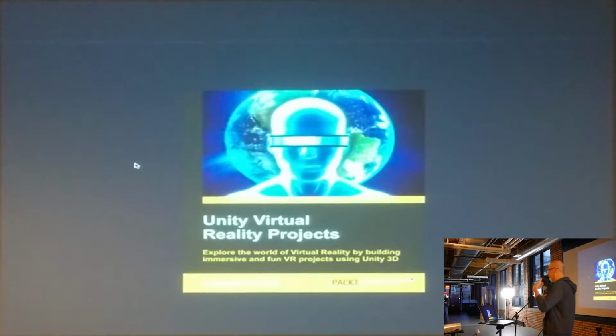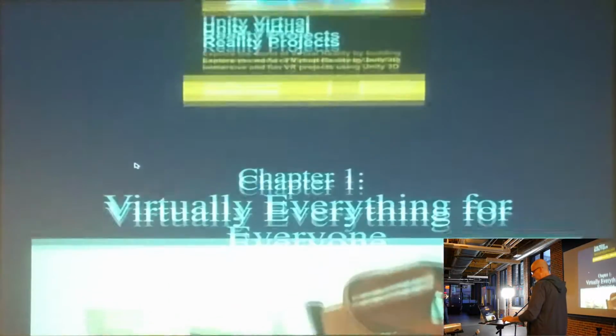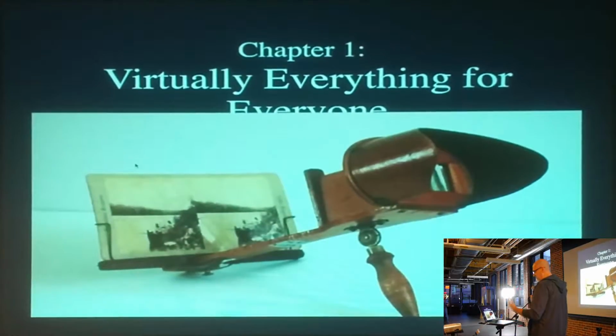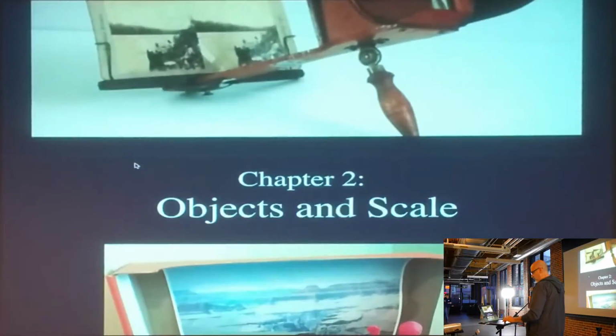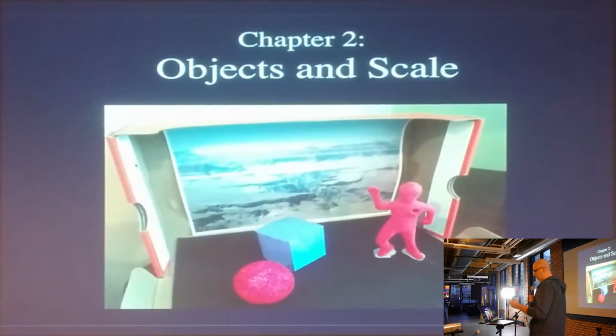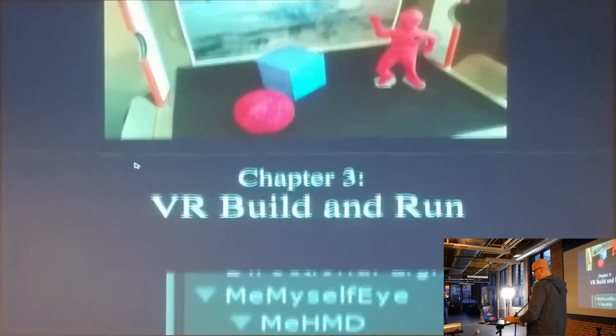One thing I just wanted to do is quickly walk through the content of the book, just to give you a feel for it. Chapter 1 is an introduction to VR and how it works, and then we focus on objects and scale, the importance of scale, and importing from modeling packages.